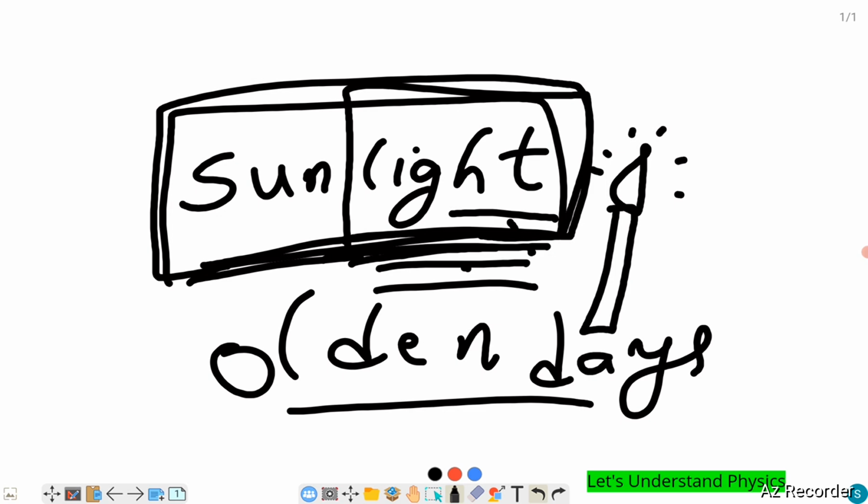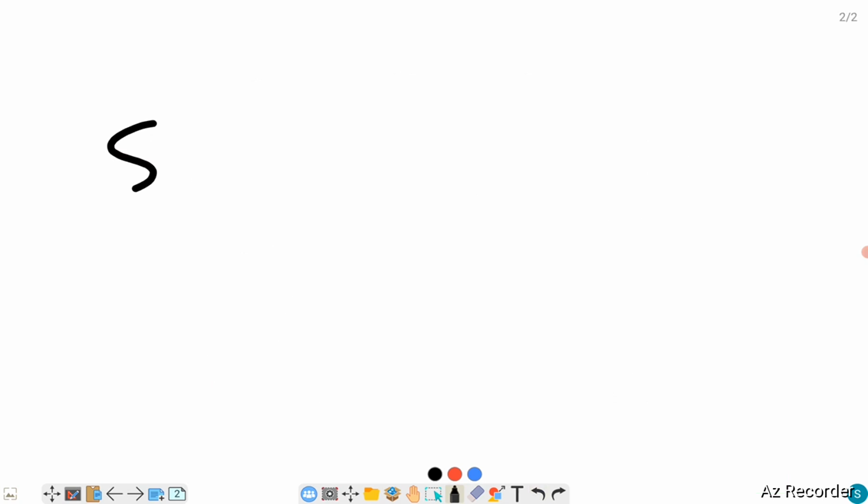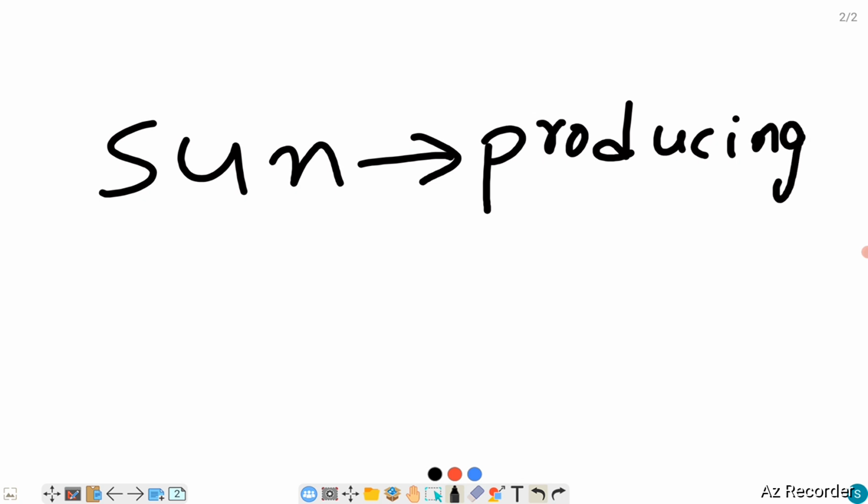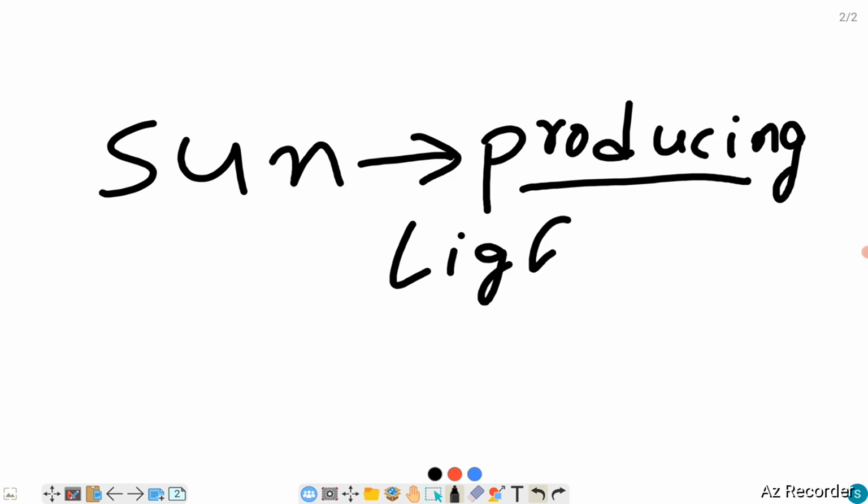Now see, from the sun we get light. That means the sun is producing light. The objects which produce light on their own are called luminous objects.